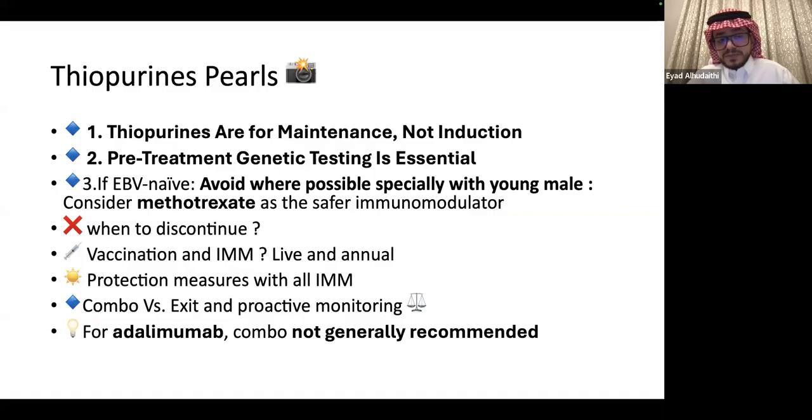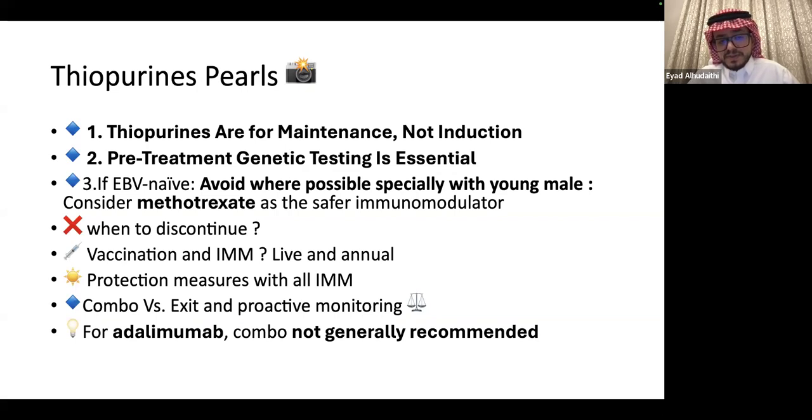When to discontinue? We say it like this: with idiosyncratic side effects, you have to discontinue the medication. Vaccination and immune modulators is a hot topic, and we will go through it in another slide.